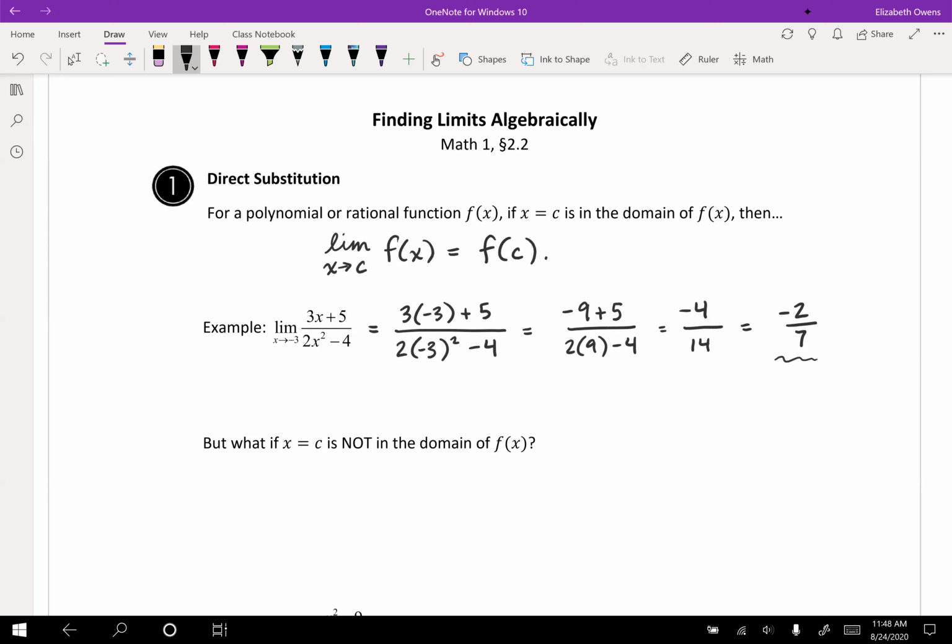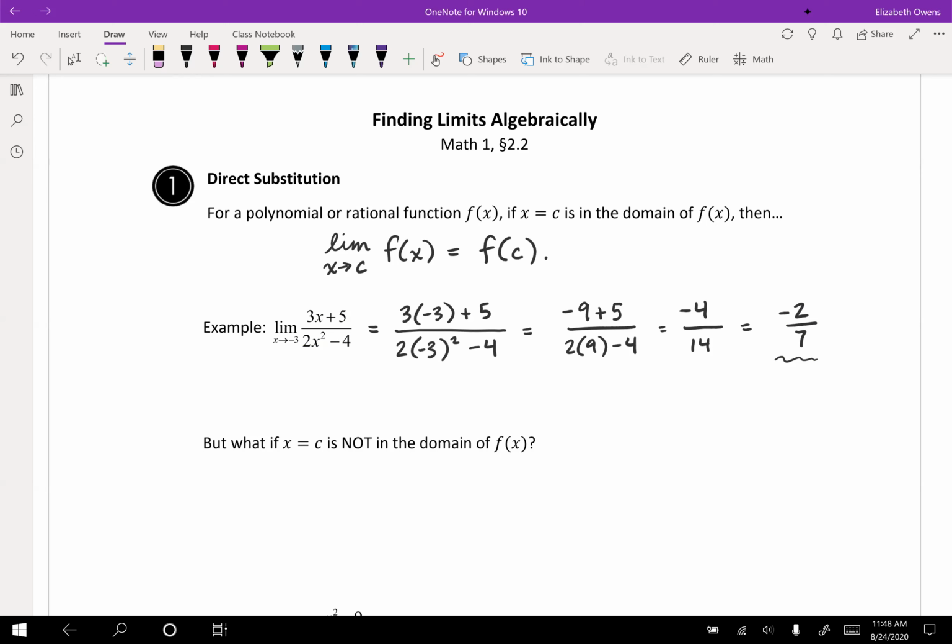As the x values approach x equals -3, the function values of this rational function are all going to be approaching -2/7. So the overarching idea here is if you can plug in the x value in your limit, just plug it in and that'll give you the limit value.